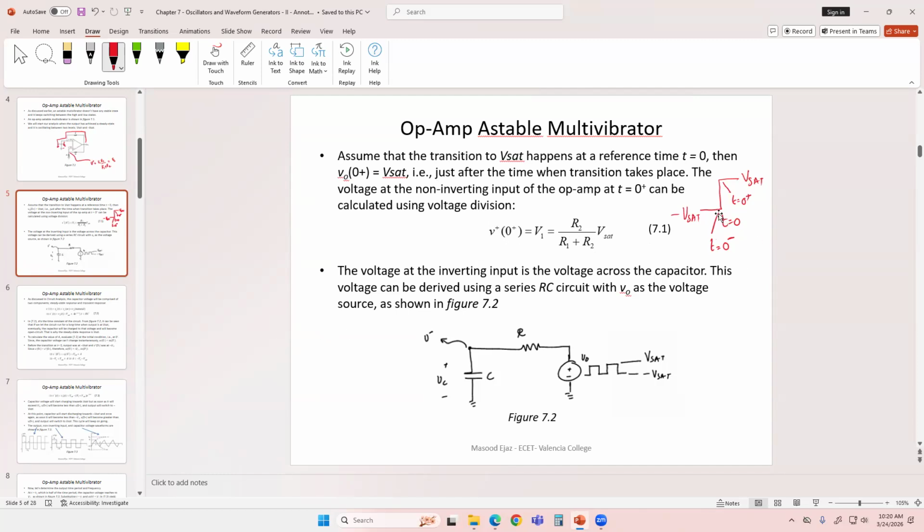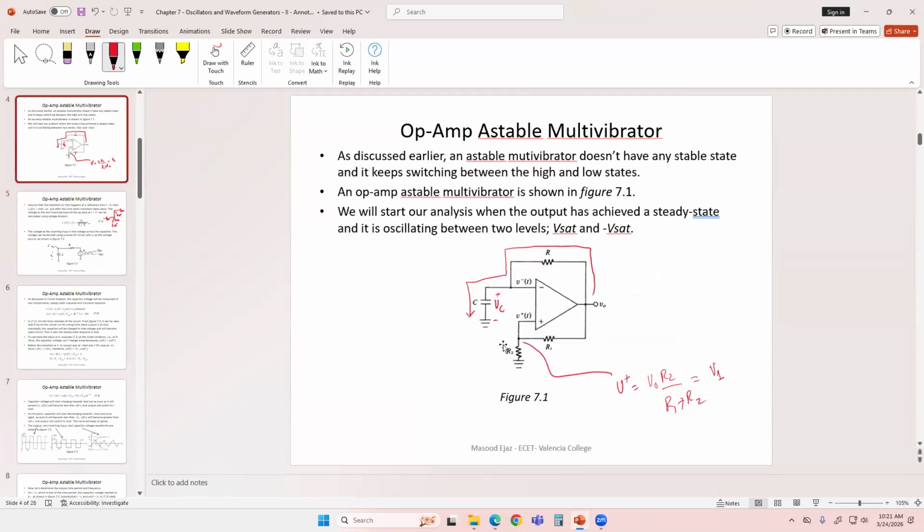So at t equal to 0 negative, the voltage at the positive terminal was negative V1. And since the non-inverting voltage is equal to the inverting voltage, just before the change the capacitor voltage was negative V1.